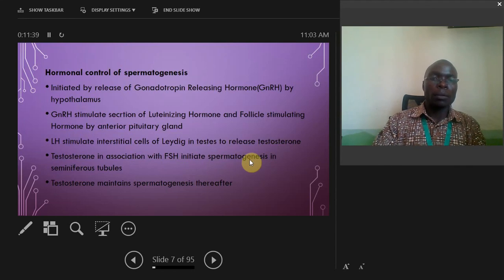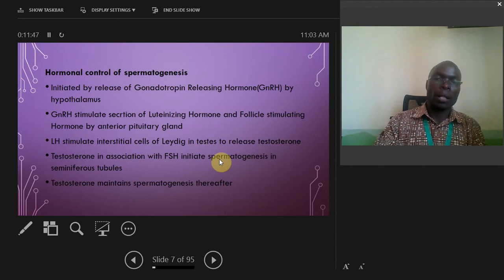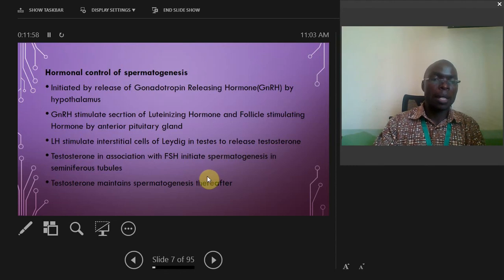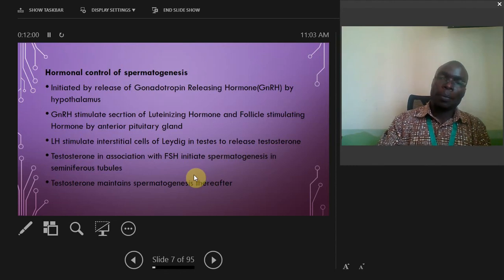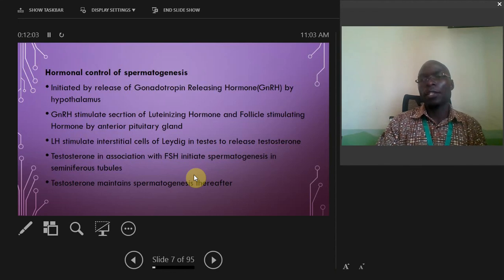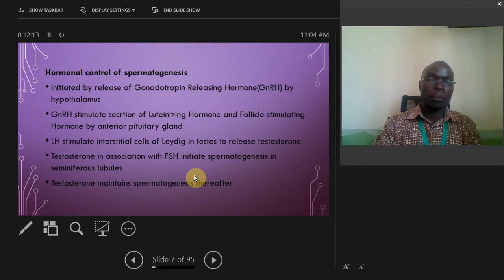Testosterone in conjunction with follicle stimulating hormone will initiate spermatogenesis, or division of the spermatogonia by mitosis, which will eventually lead to formation of sperm cells. Once the process of spermatogenesis is initiated, testosterone also plays an important role in maintaining that process up to complete formation of sperm cells in the testes.